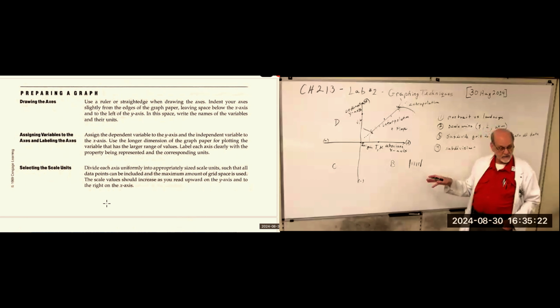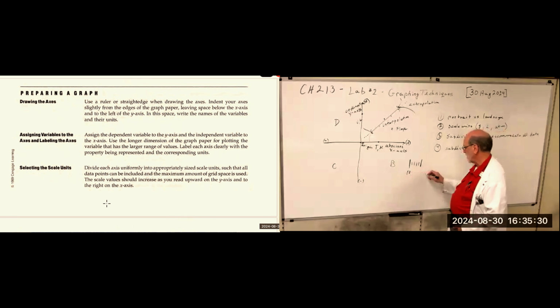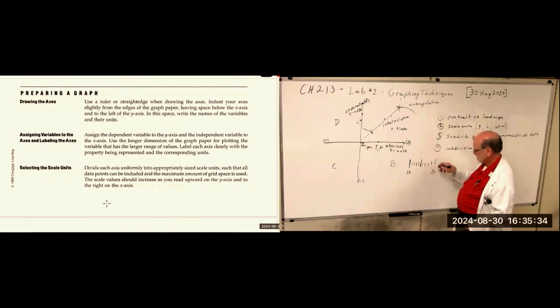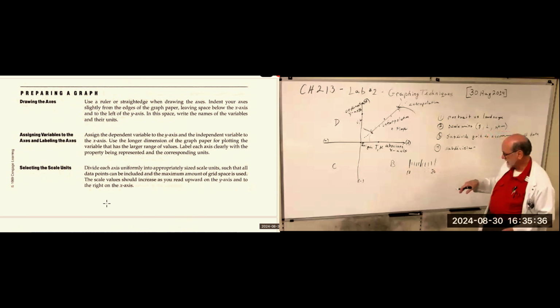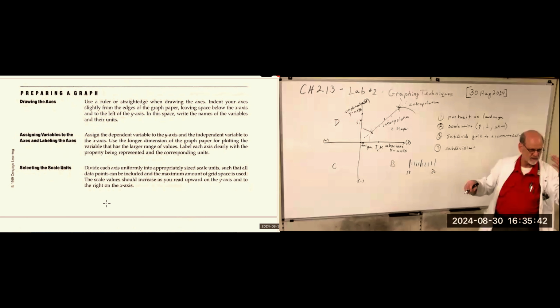The best thing to do, if you can, is to put 10 subdivisions between the major units. Like if you're going from 10 through 20, then you get 10 subdivisions, and each one would be equal to 1. It's easier to read if you're thinking in decimal terms.